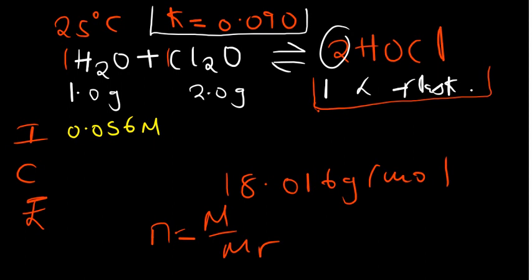Then for the other reactant, chlorine, if you check the periodic table, what are you going to see as a molar mass of chlorine on the periodic table? Is it 35.5? Anyone with a periodic table?